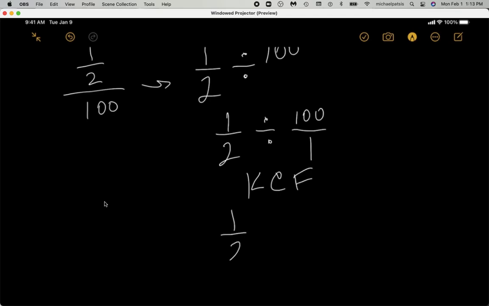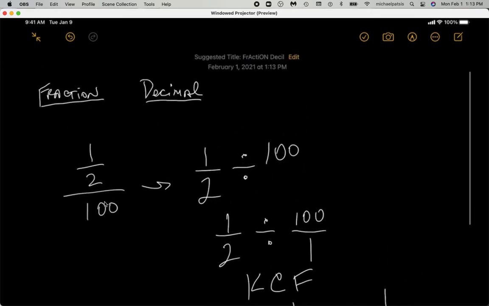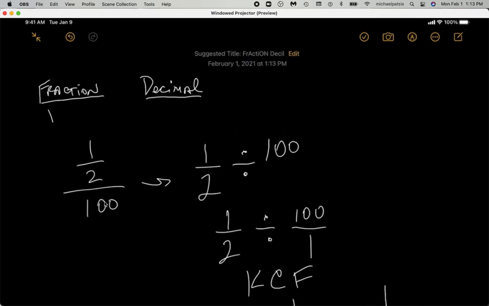So we keep the 1/2, we change the division to multiplication, and we flip this. And that equals 1 over 200. So that is our fraction of 1/2%.